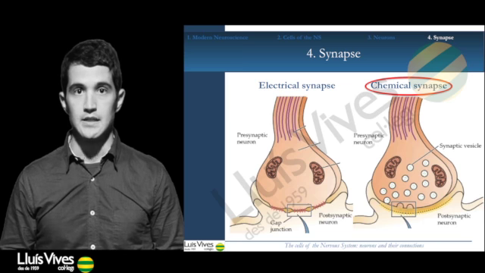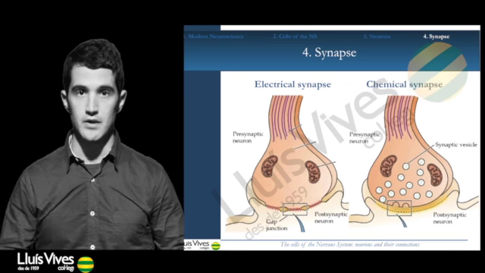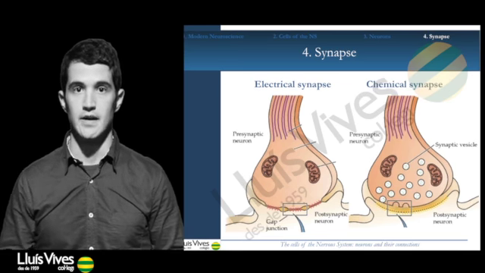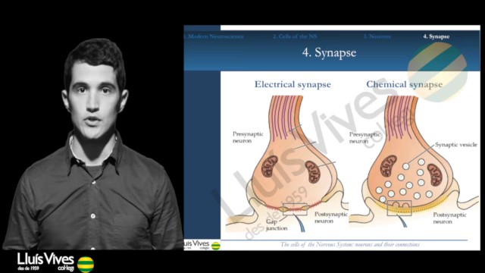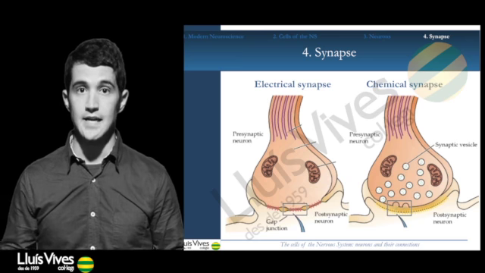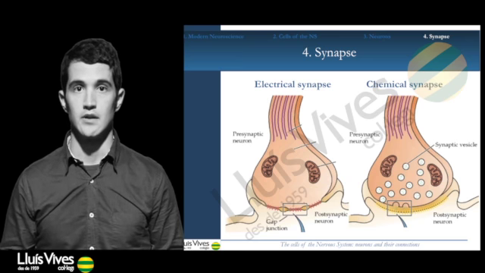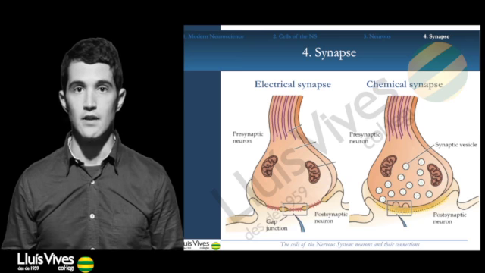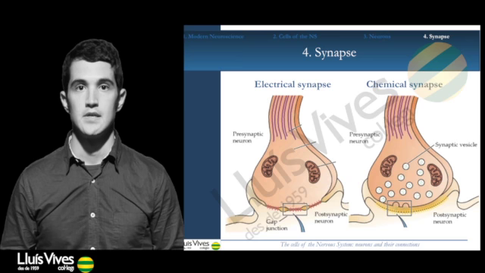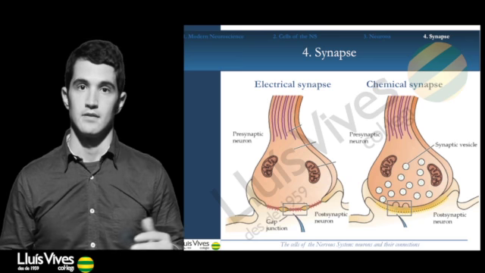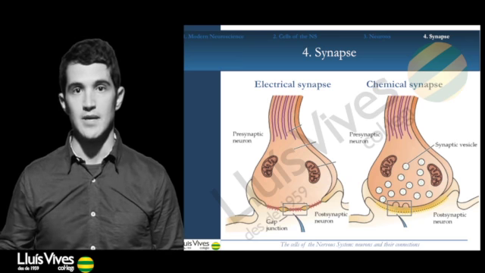The synapses are known to be the part that regulates the main functions of the nervous system, mainly the control of movement, emotions and reasoning. It is said that the number of connections is more important than the number of neurons in order to control those functions.